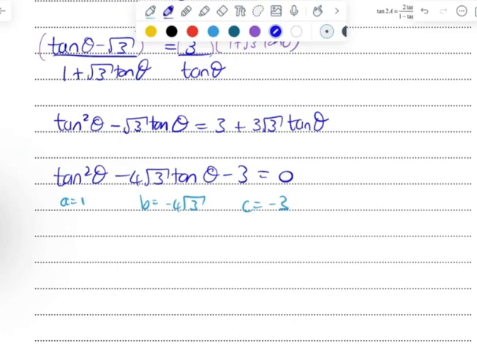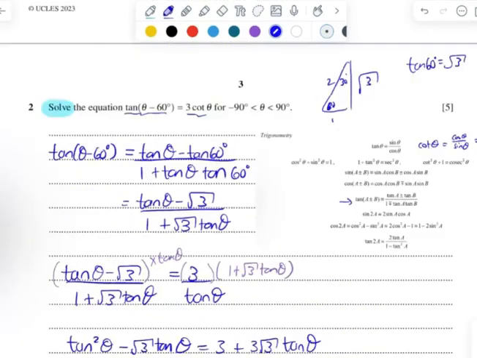If we plug that into our quadratic formula, we're going to get tan theta is equal to minus 0.4089, or tan theta is equal to 7.3371. Okay, you want to make sure your calculator is in degrees, because we're also going to be looking at degrees over here.